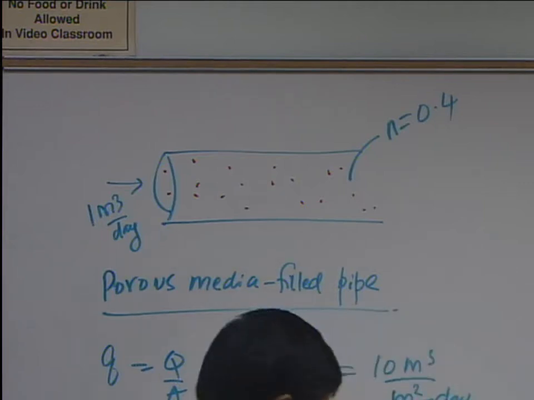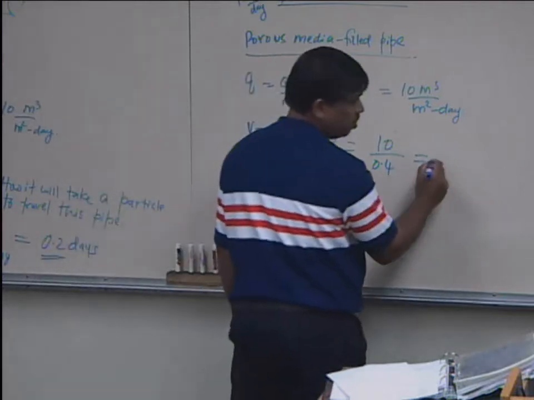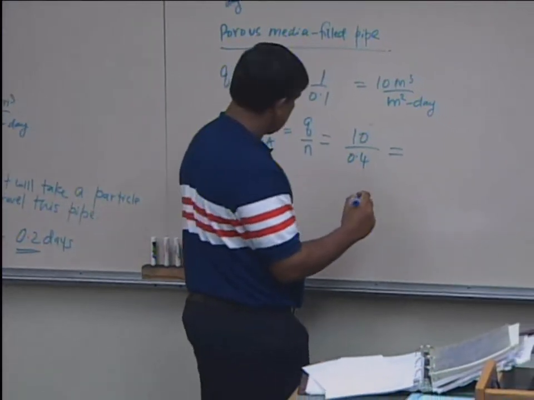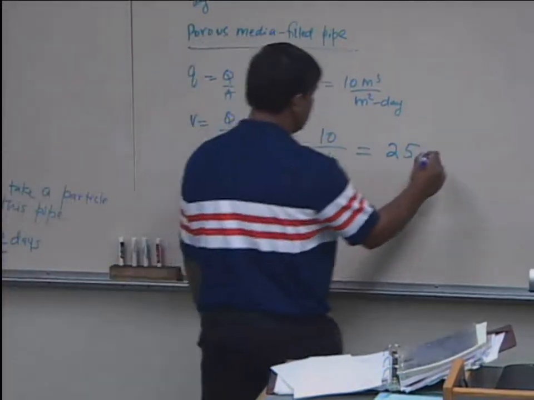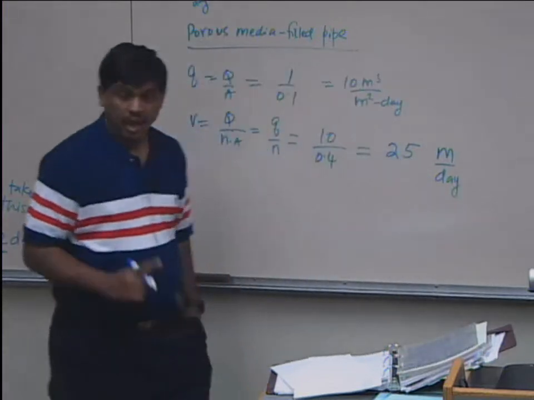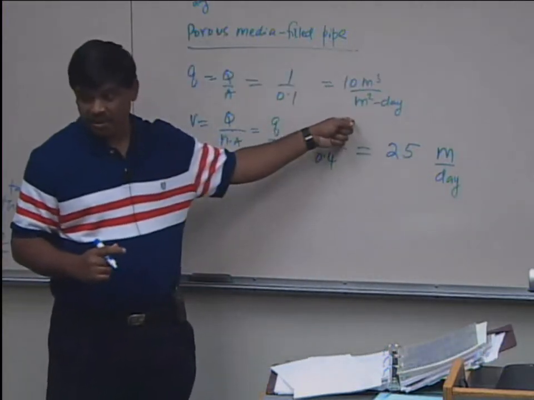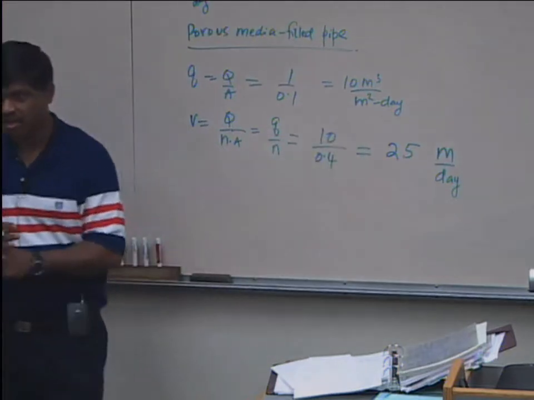Can somebody calculate that for me? How much? 25? Okay, 25 meter per day. Again, the book calls that a meter per day, but I'm not going to buy that unit. In this class, you're not going to do that.